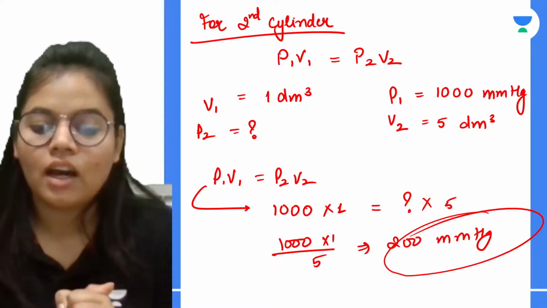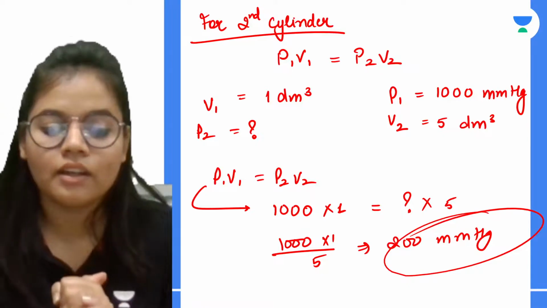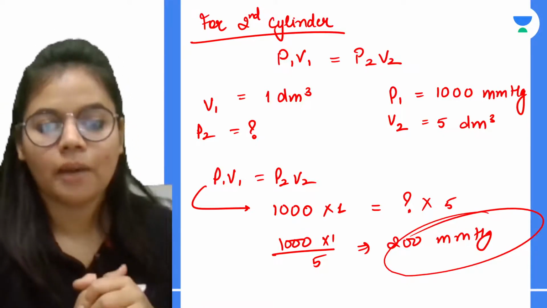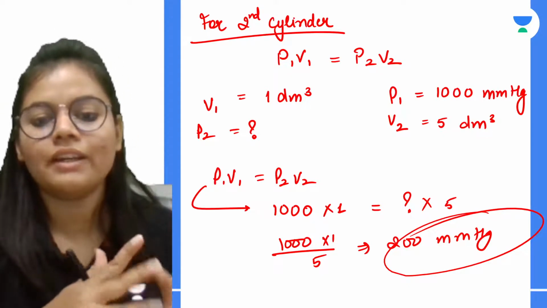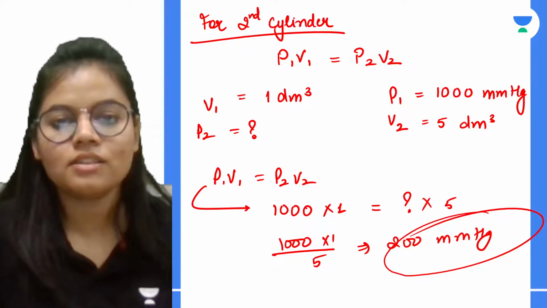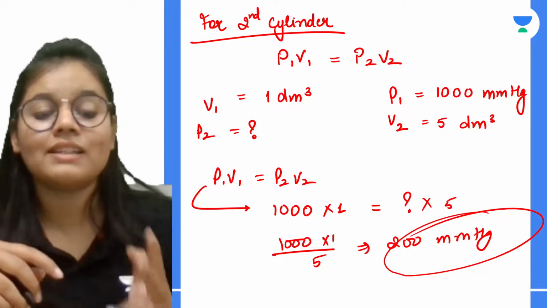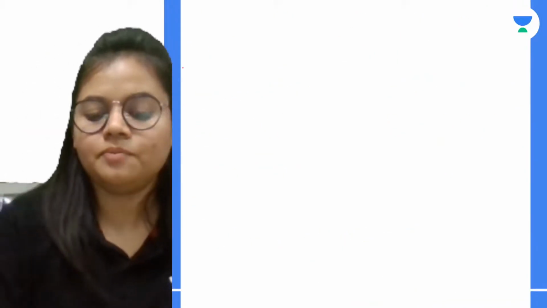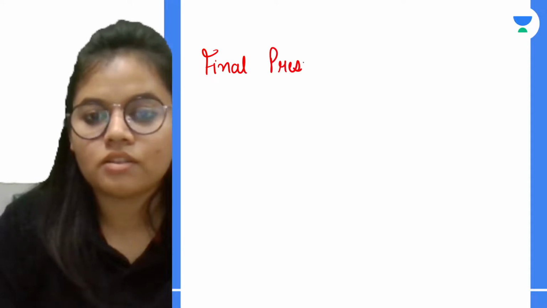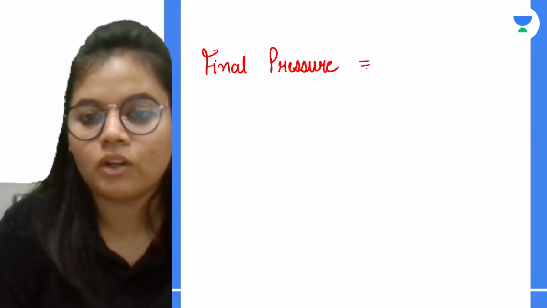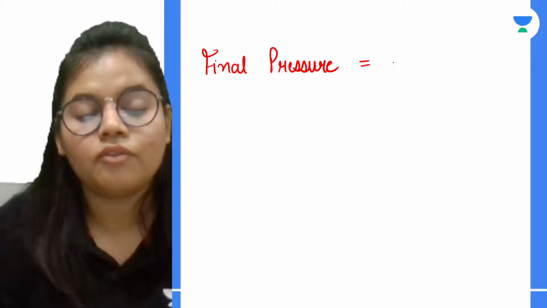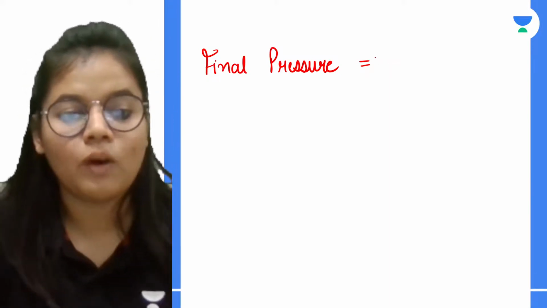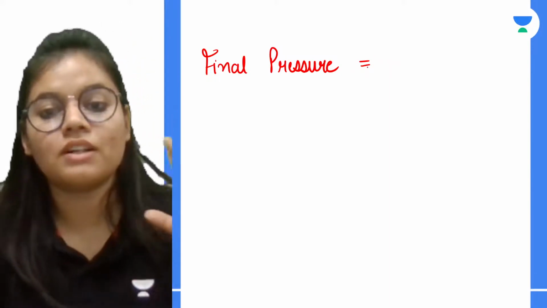Now the question asks what would be the final pressure in the cylinder on opening the tap. So it would be the addition of the first cylinder's final pressure and the second cylinder's final pressure. So the final pressure would be equal to the final pressure of container 1 plus the final pressure of container 2.